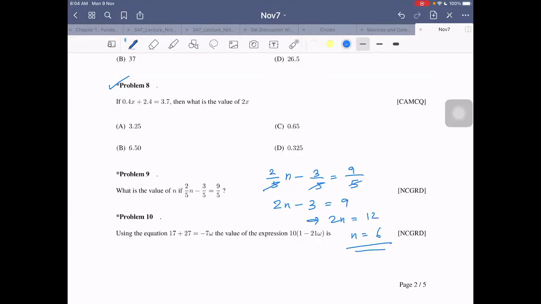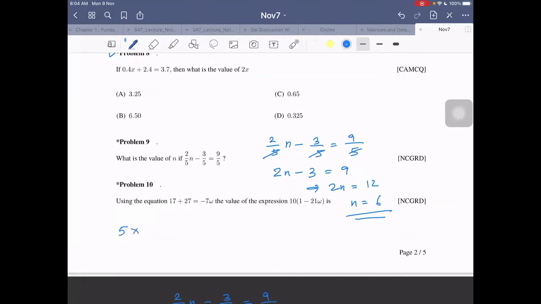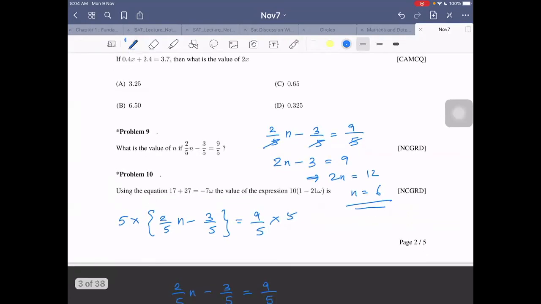How did I cancel off that 5? You're basically multiplying both sides of the equation with 5. You're multiplying the entire equation with 5. So this becomes 5 into 2 by 5 n minus 5 into 3 by 5 is equal to 9 by 5 into 5.